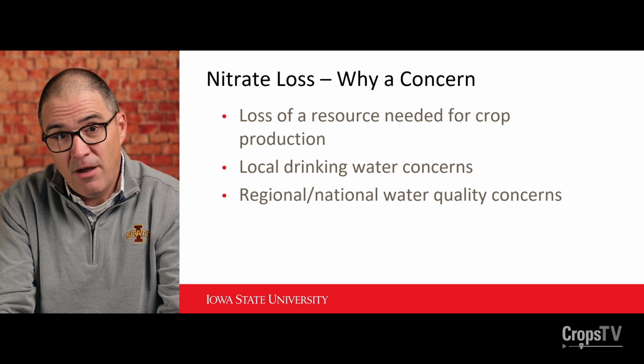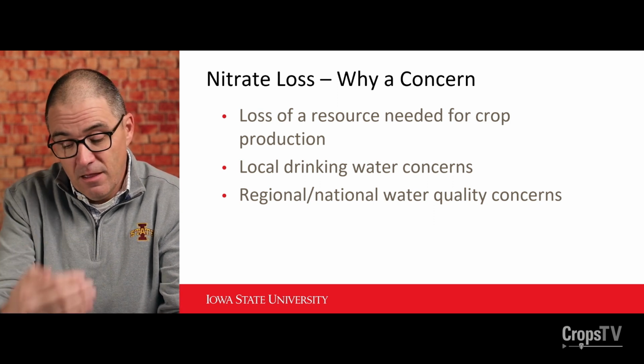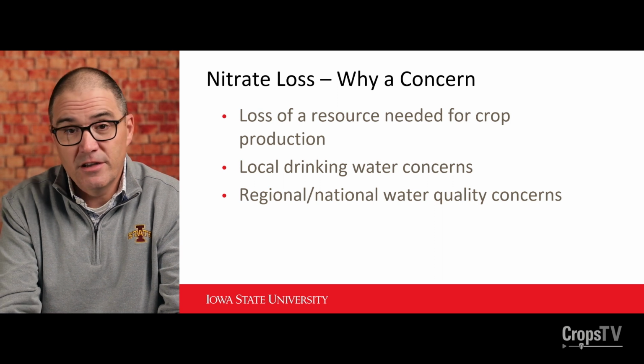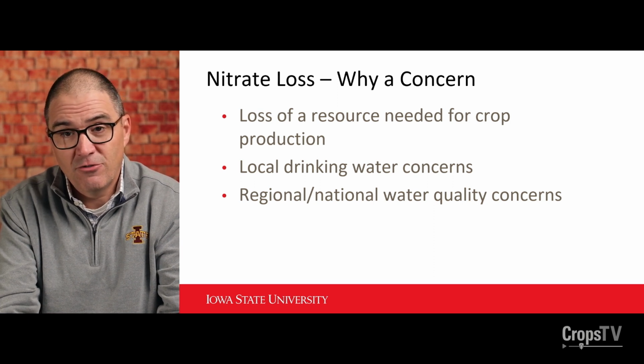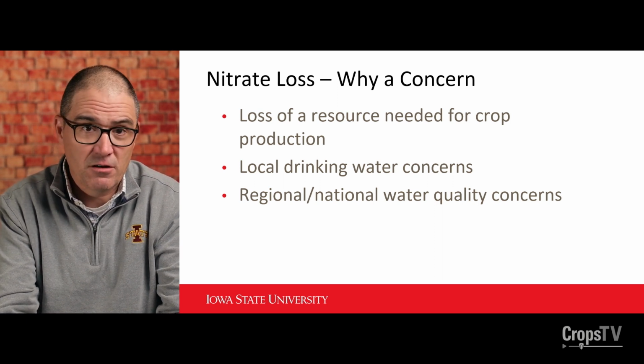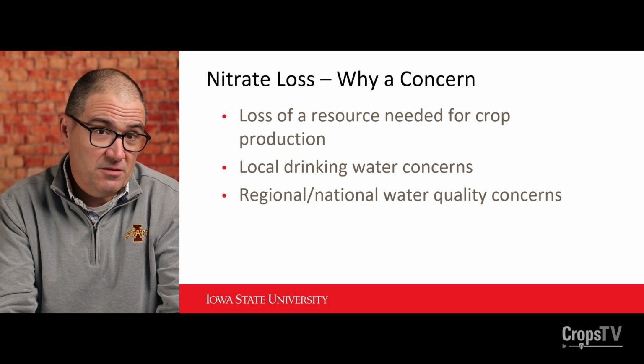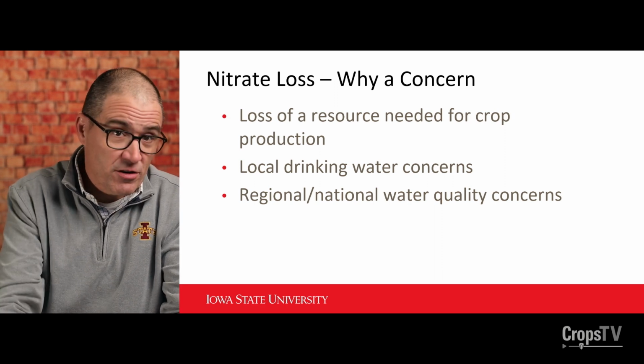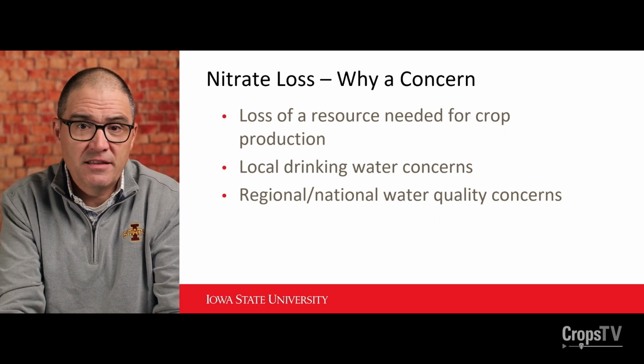But then as we think about if we have lost it, there are some downstream concerns. Local drinking water, there is a maximum contaminant level for nitrate nitrogen in our water of 10 milligrams per liter. And there can be some local municipal water supplies that are getting close to that, or some of our private wells that might exceed that.